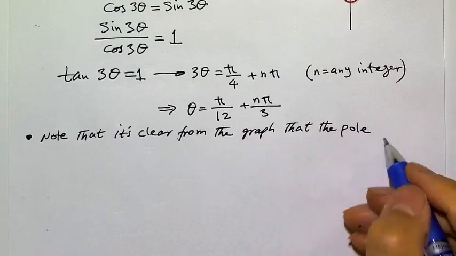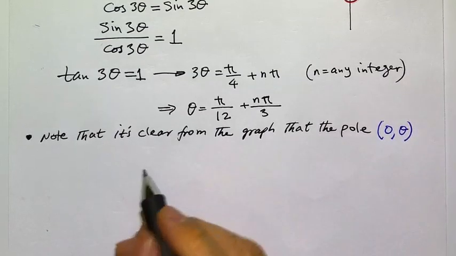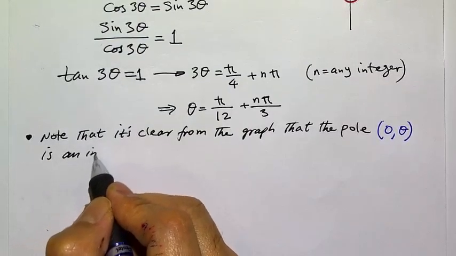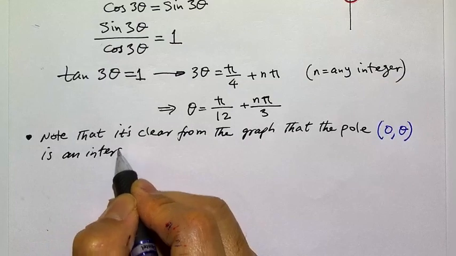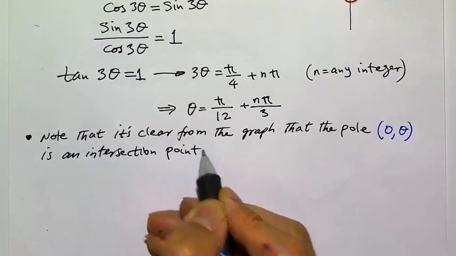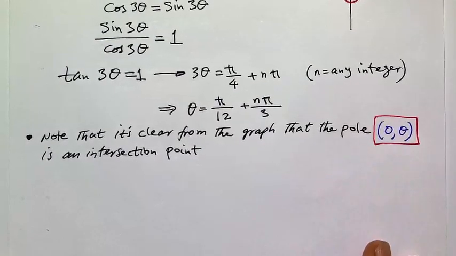That the pole 0 comma theta, so we know that already. So I'm going to box it. So that's one of the intersection points.